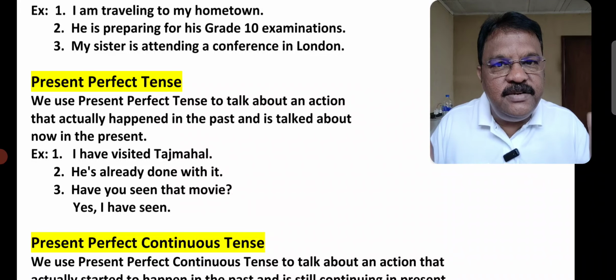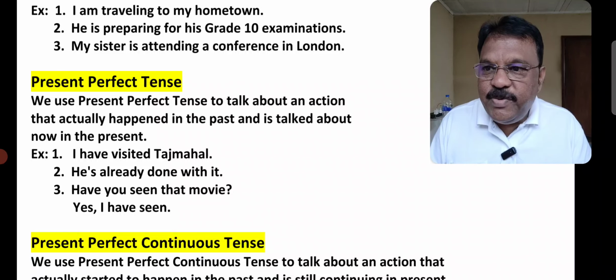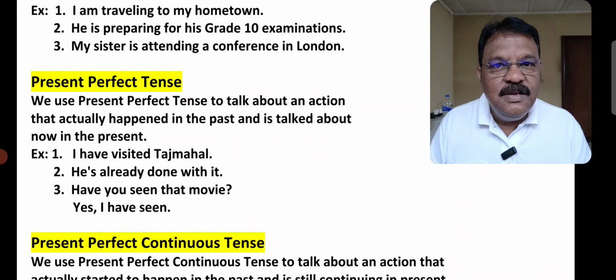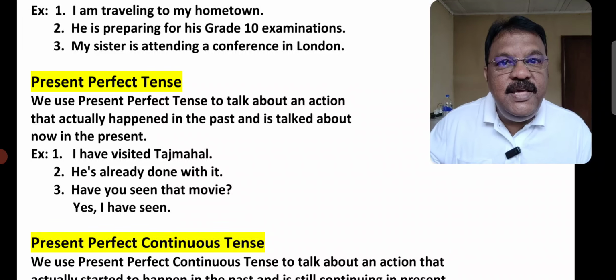Look at our example, you will understand easily. Look at the third example first here. Have you seen that movie? This is the question. When we ask someone this question, say for example, you are asking your friend this question, you want to know whether your friend has seen that movie already.